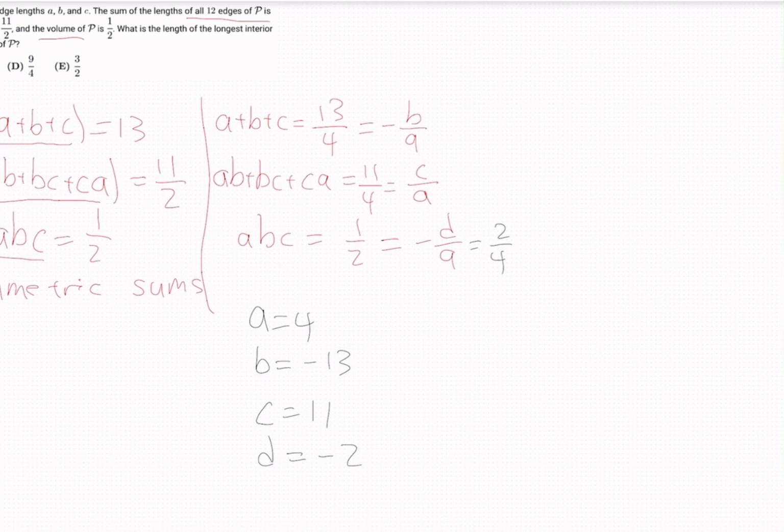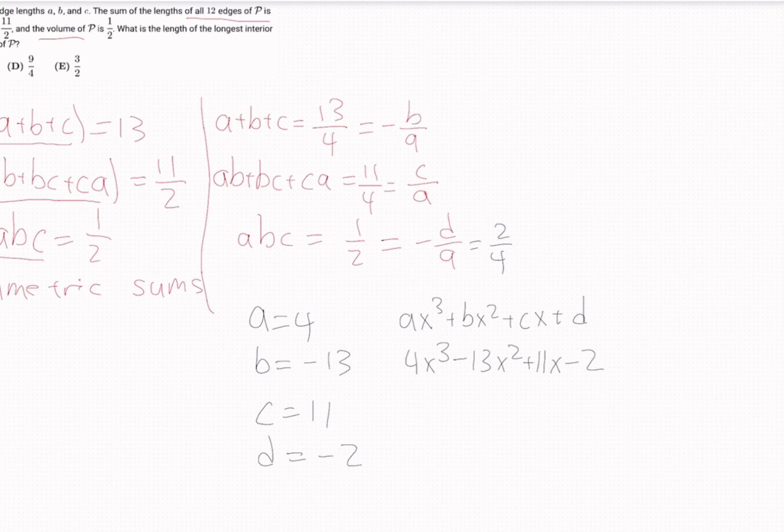And then let's construct the polynomial. If you don't remember, a 3rd degree polynomial is in the form ax cubed plus bx squared plus cx plus d. This is what Vieta's is referencing. So it becomes 4x cubed minus 13x squared plus 11x minus 2.